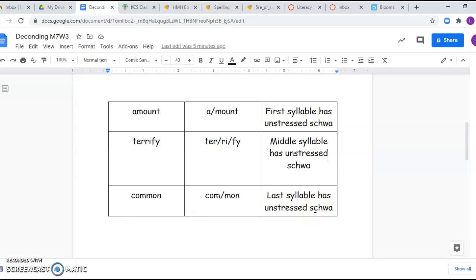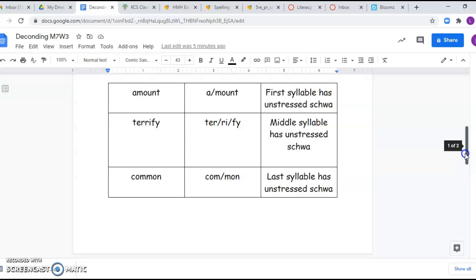Now let me just remind you that the unstressed schwa sound is the "uh" sound, and it's made by a vowel and can be with any vowel and can be in any syllable of a word. Okay, so keep that in mind as we're looking at this particular skill this week.